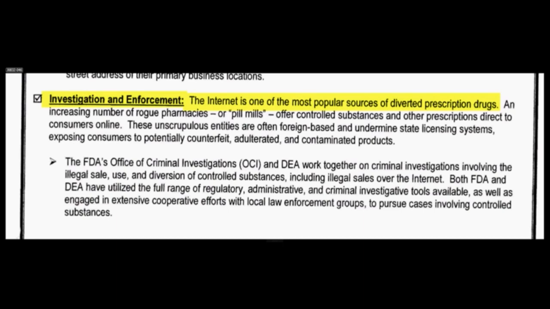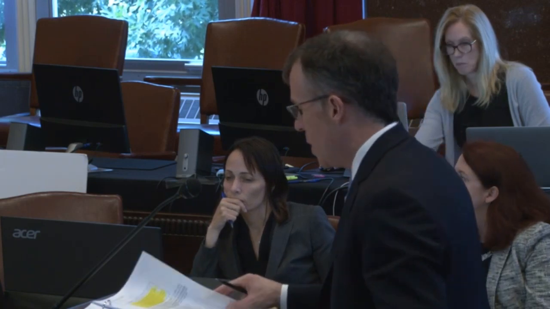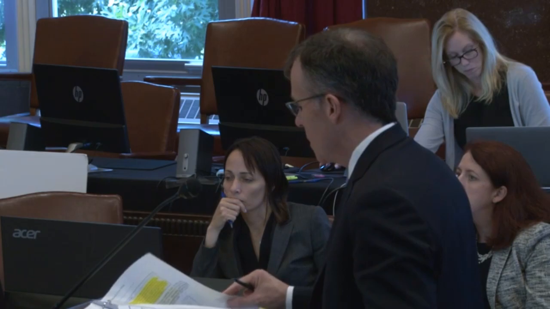It says that. And the board was told that an increasing number of rogue pharmacies or pill mills were offering controlled substances and other prescriptions direct to consumers online at this time, correct?